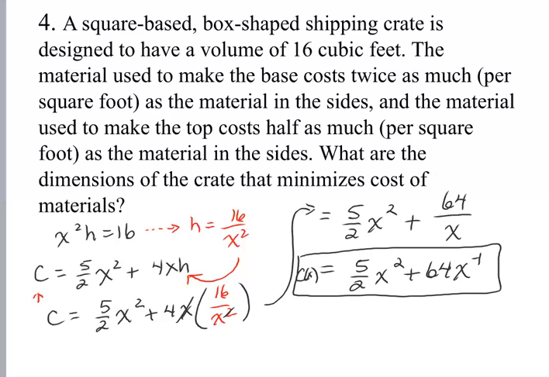I can now bring in calculus to find possible dimensions that will minimize this cost equation. So let's do that now. C of x is equal to 5 halves x squared plus 64 x to the negative 1.